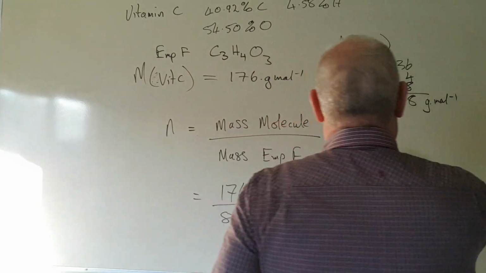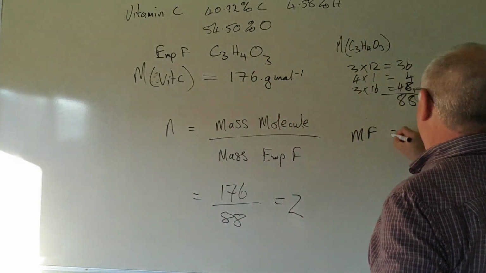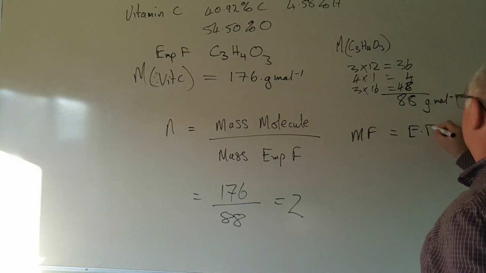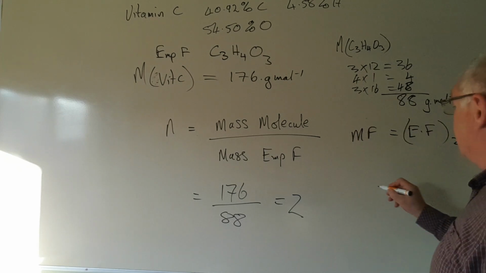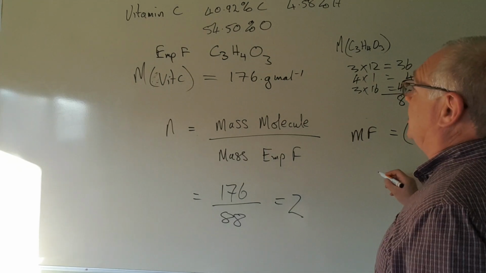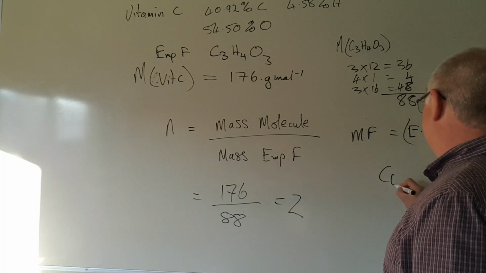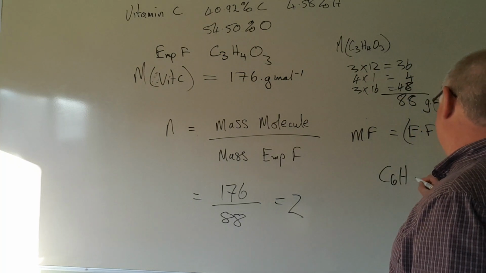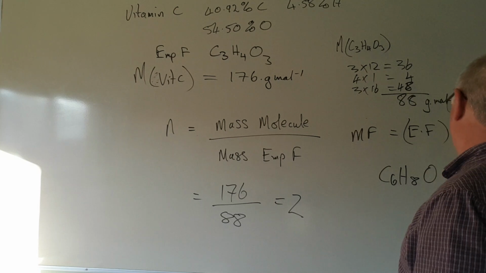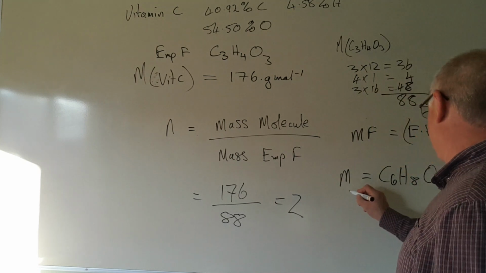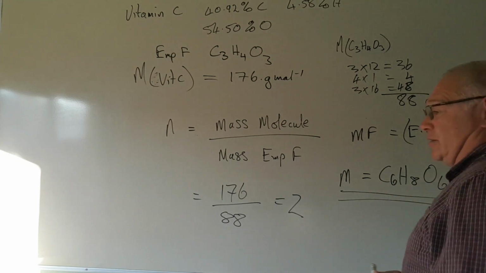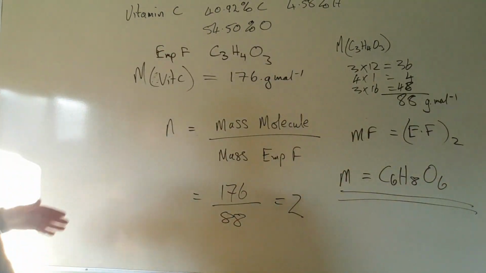So this means that the molecular formula is the empirical formula times 2. So the molecular formula is going to be C6H8O6. And that is our final answer. Very easy to do.